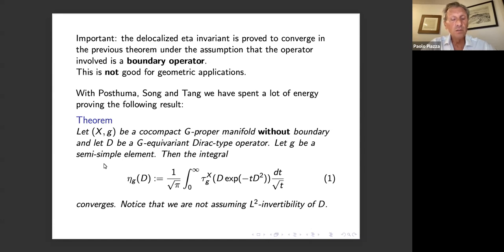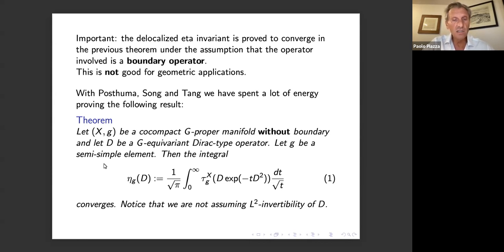But if you don't assume L2 invertibility, then it's very delicate, and we had to use results by Moscovici-Stanton and by Bismut.